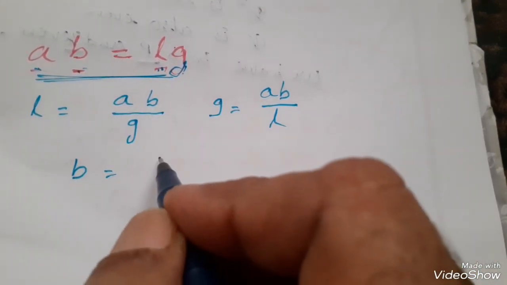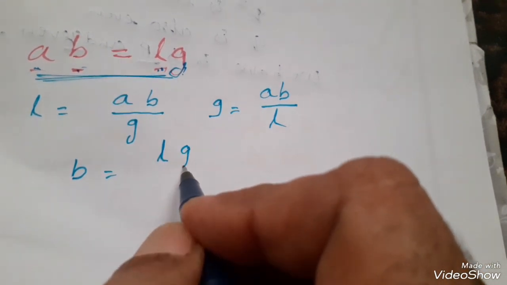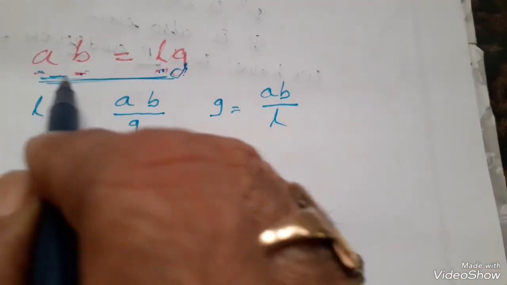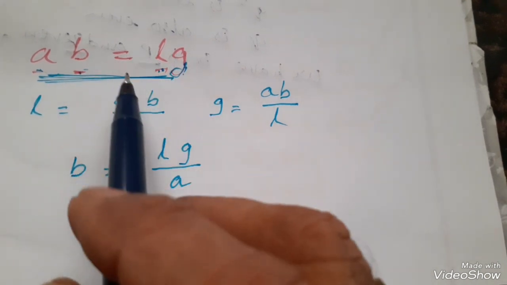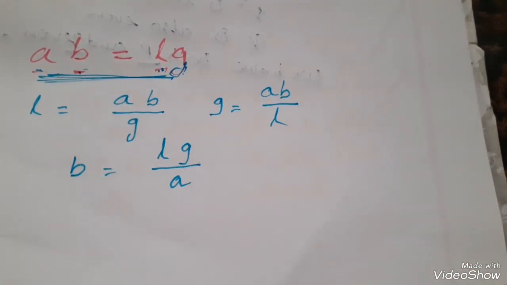B equals LCM times HCF divided by the first number. So with this relation, among these four values, when three values are known, we can find the fourth one also. Thank you.